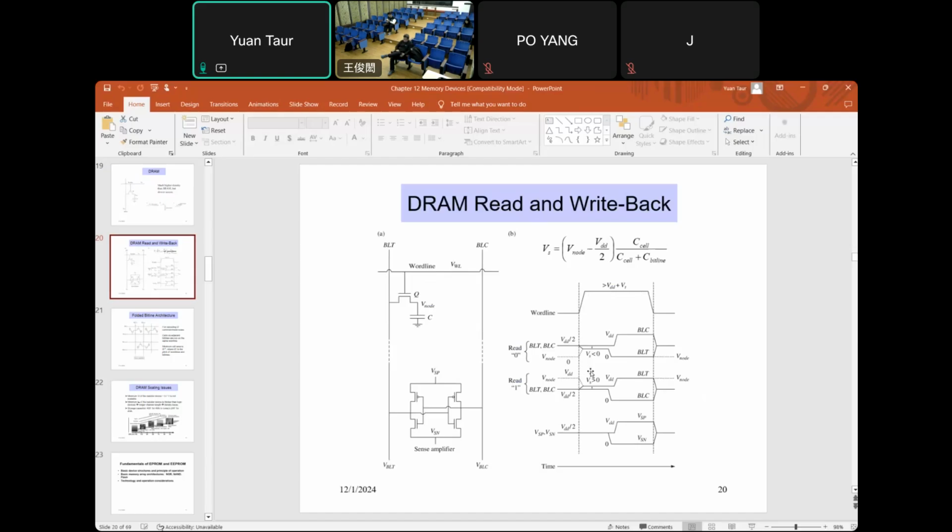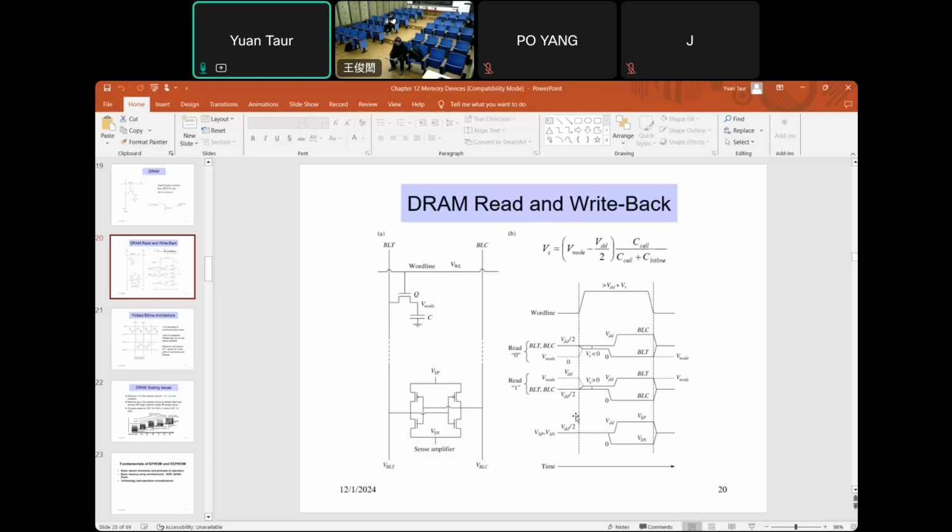Now for the write back, it depends on the sense amplifier here. This sense amplifier is exactly a SRAM cell. It's 2 inverters connected back to back. Now, the power supply, the VSP and VSN, in the beginning are not connected to VDD and ground. For SRAM, the PFET is VDD and the other is ground, but in the beginning here it is VDD over 2.